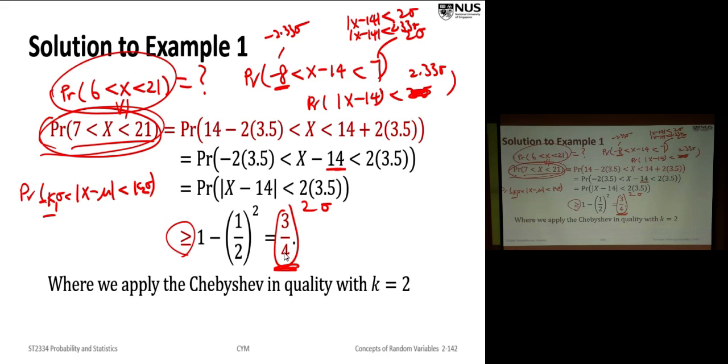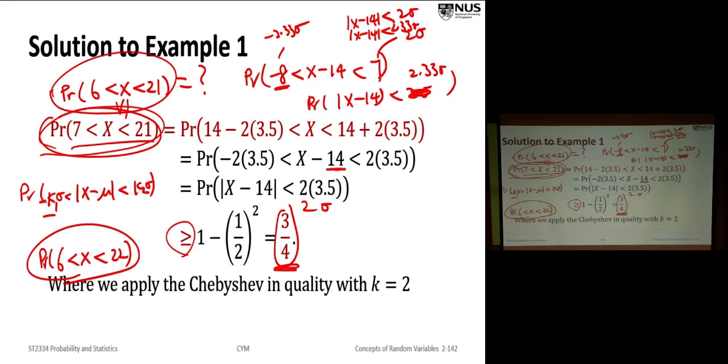So how about if I increase? I choose 2.33 sigma, which means that I'm looking at the probability of x between 6 and 22. This one is 2.33 standard deviations.